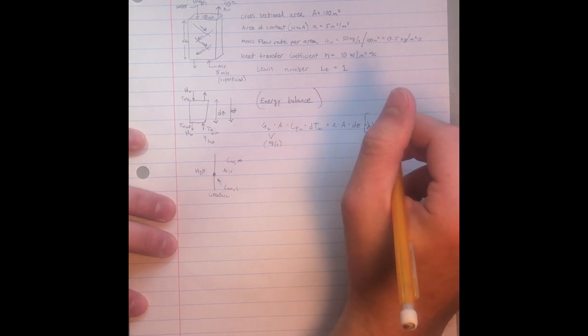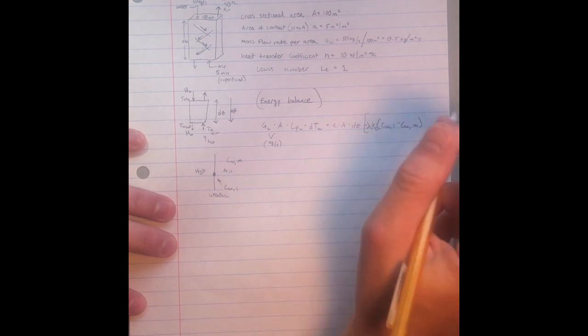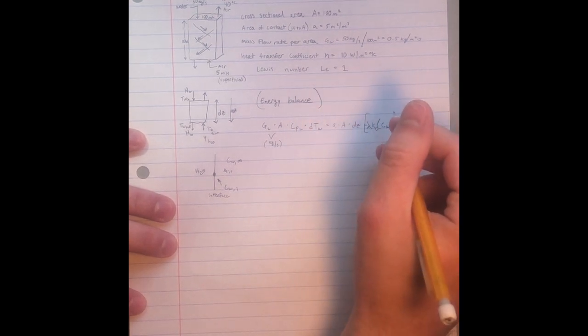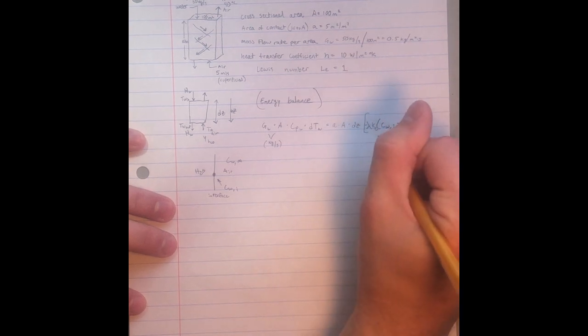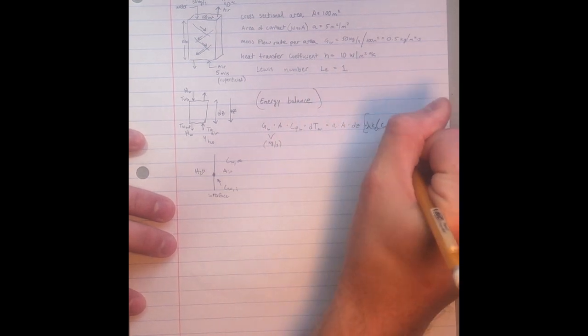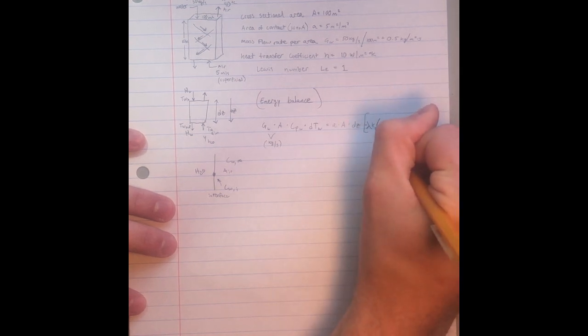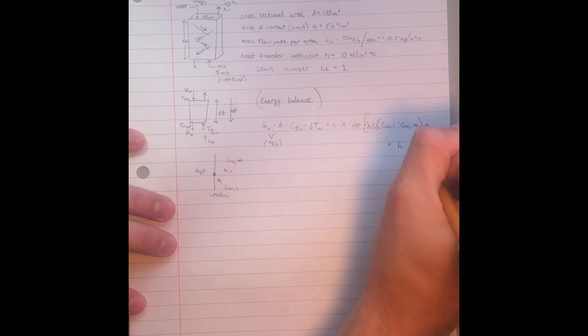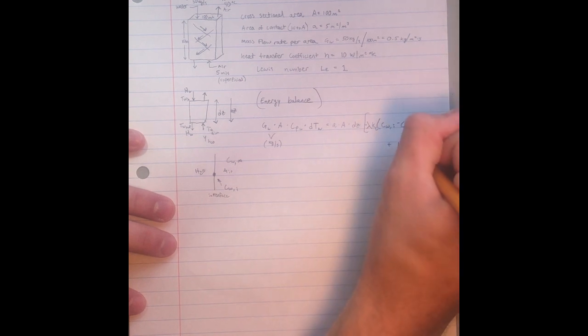Last thing we need to do is show an expression for the rate of heat transfer from air to water. So we can simply show that as an h delta T expression. So really all we need is to add our heat transfer coefficient that we're given, our convective heat transfer coefficient, times our change in temperature from our air to our water.